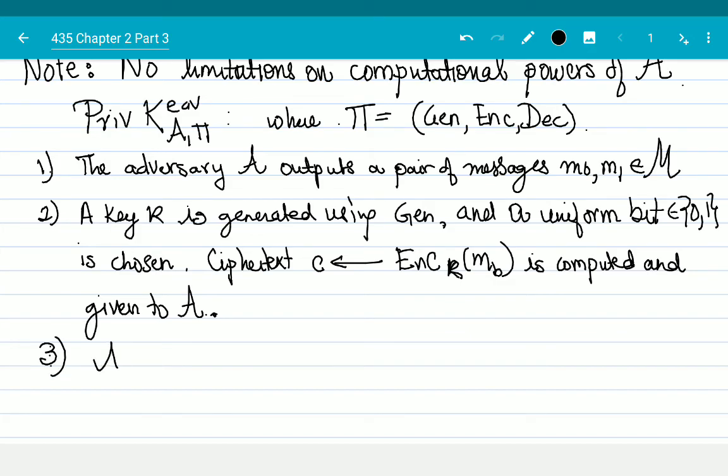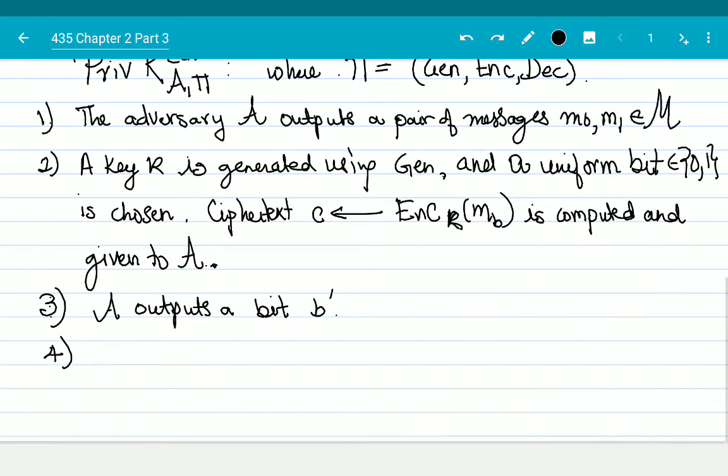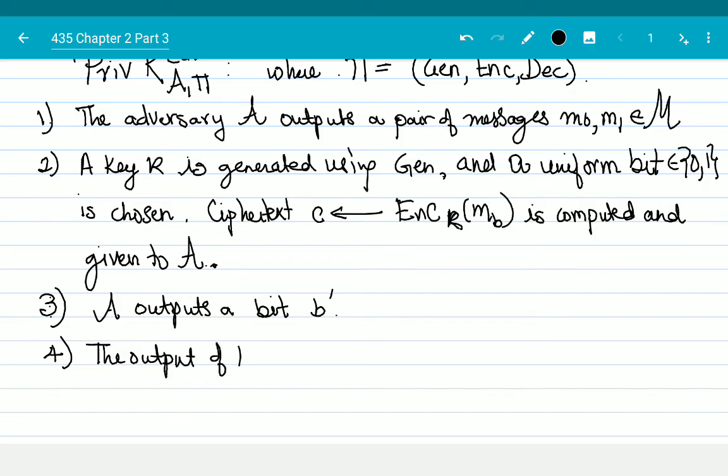Third, A outputs a bit B prime. And fourth, the output of the experiment is 1 if B prime is equal to B, i.e. A has guessed the message correctly, whether it is M0 or M1, and 0 otherwise.